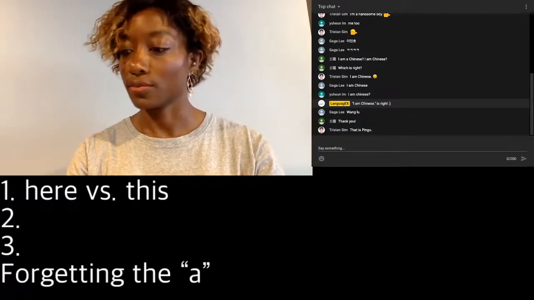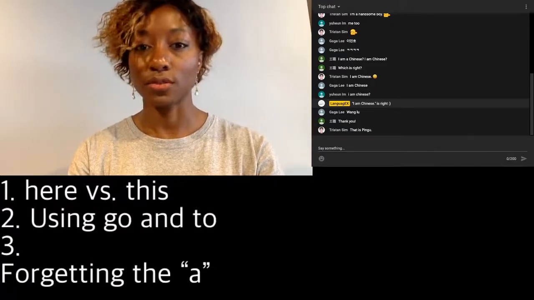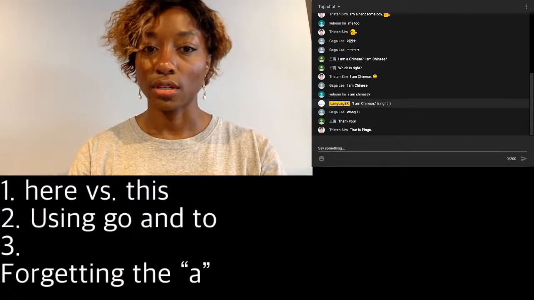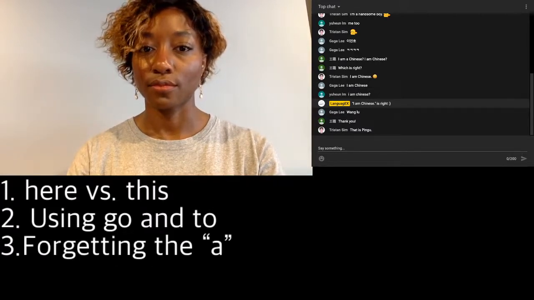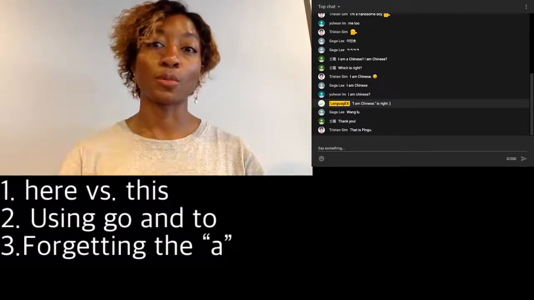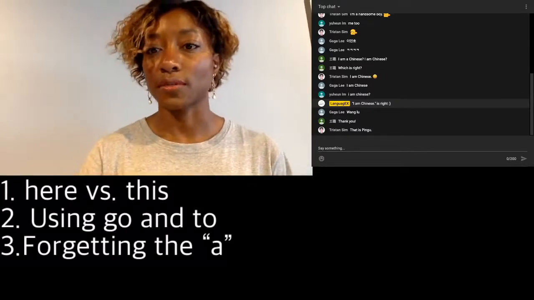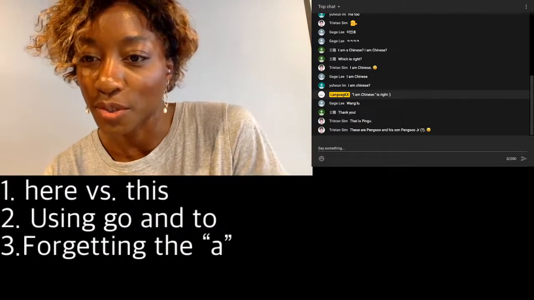Second one, using go and to. And third one is forgetting the A. Right, so these are the 3 common mistakes. If you missed something, these are Pengsu and his son Pengsu Jr.